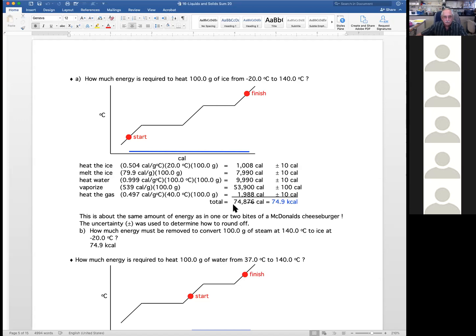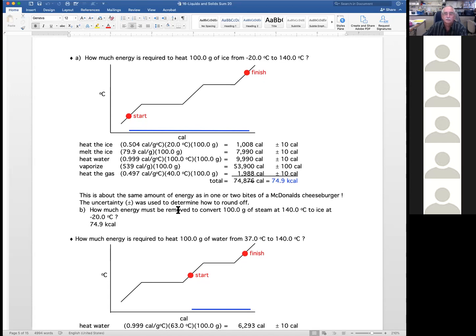So what we're trying to do is we have to calculate 1, 2, 3, 4, 5 steps, but what we really want is the total amount of energy that's there in the blue. So we have to add all those up. I know you can do this math. It's simple math. And you don't have to memorize any of these conversion factors.